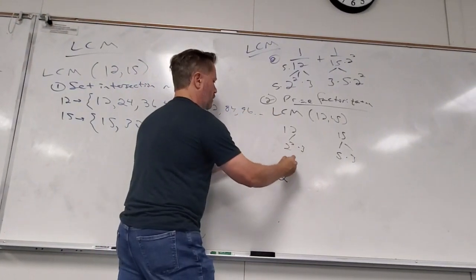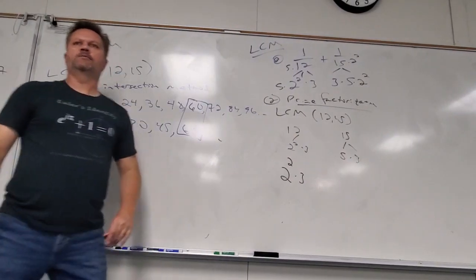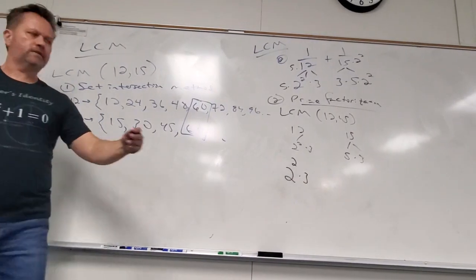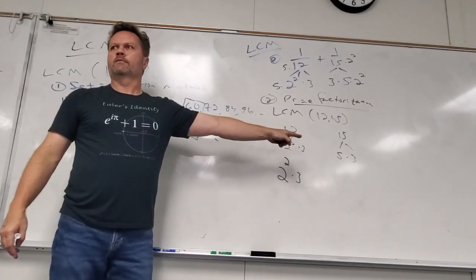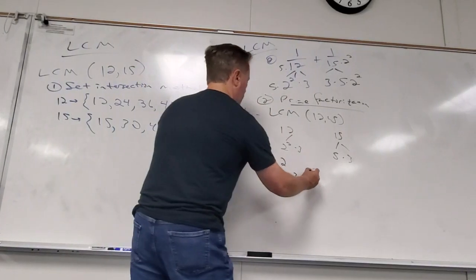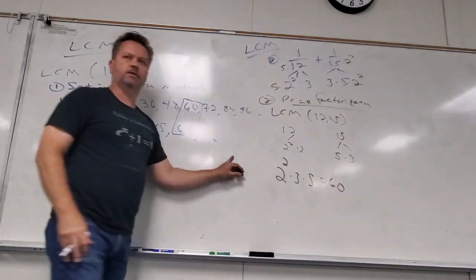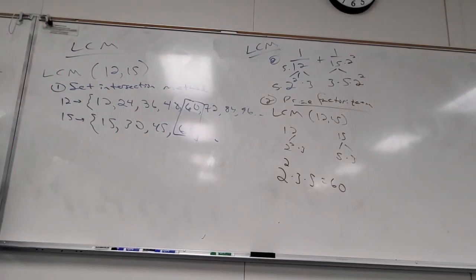The answer's got to have 12 in it, and it must also have 15 in it. So what am I missing in what I've listed so far that 15 has in it? Am I missing a 3? No, I'm just missing the 5, and that, of course, is still 60, right? So still this idea of give it what it's missing, right?